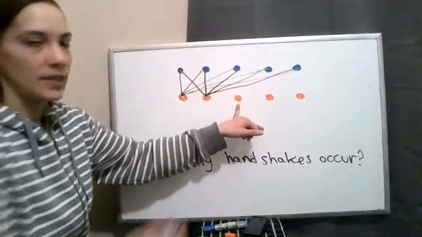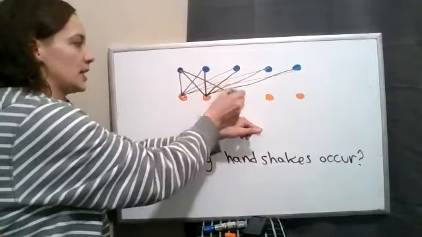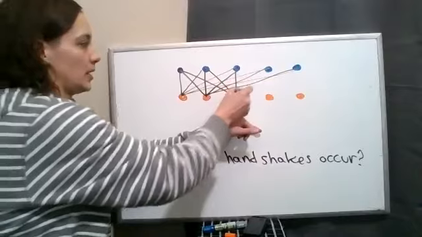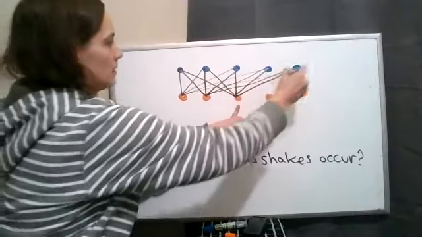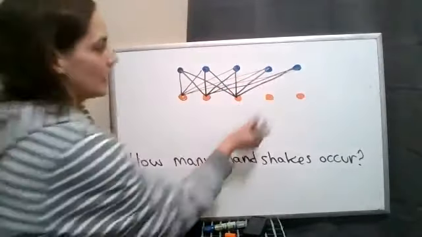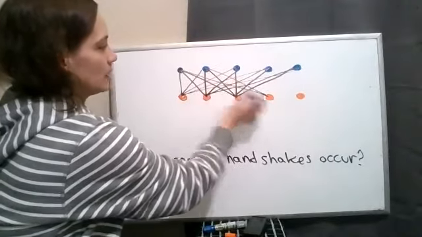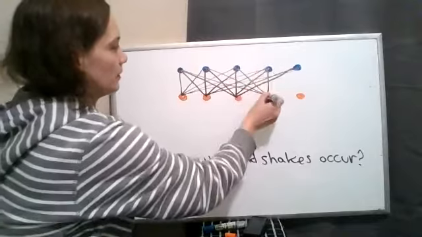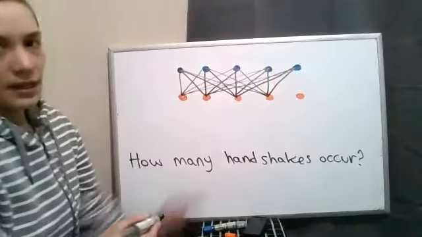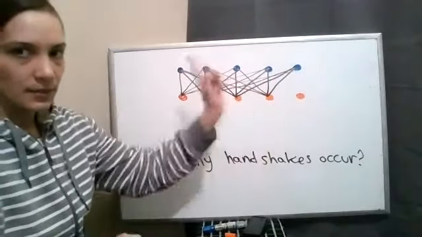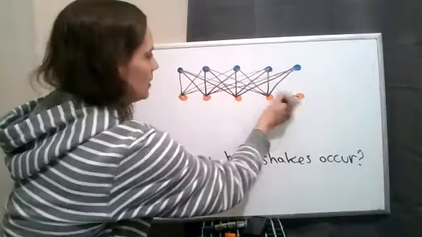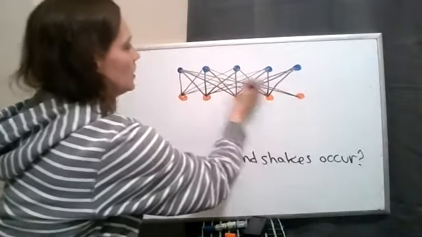Third person from the orange team shakes the first person's hand, the second person's hand, the third person, and so on. Then we go and greet the first person, second, third, fourth, fifth. This last person needs to shake hands with each of the blue team.